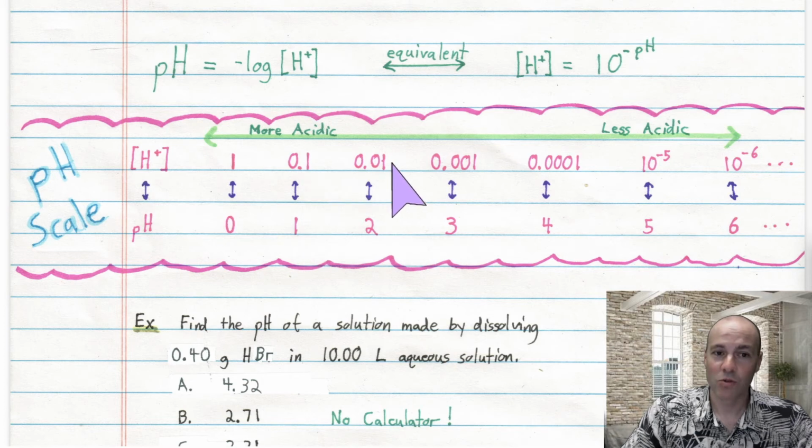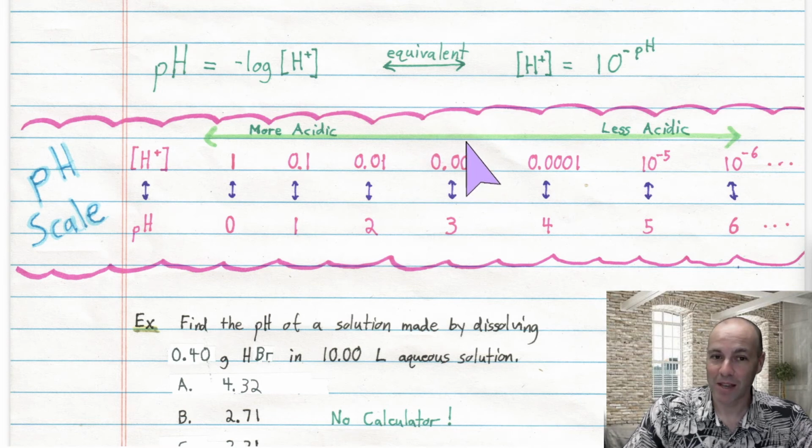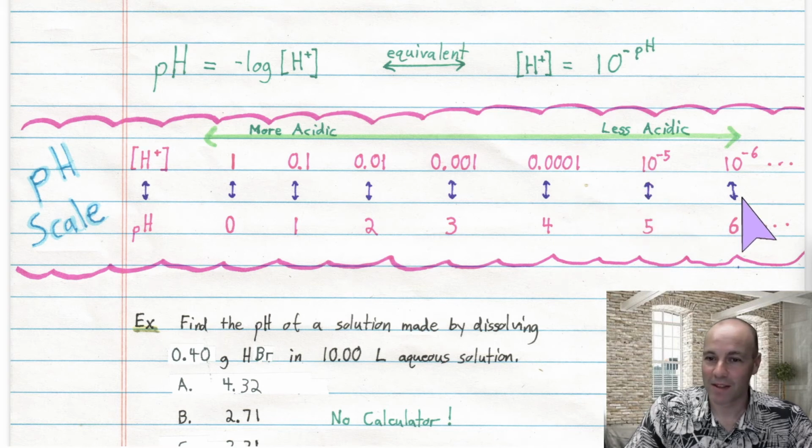Now, if it's 100th of a molarity, the pH is 2. 1,000th of a molarity, the pH is 3. Another way to write 1,000th is 10 to the negative 3. So 10 to the negative 3 molarity proton concentration is the same as pH 3. 10 to the negative 4 is pH 4, 10 to the negative 5, pH 5, and so on.